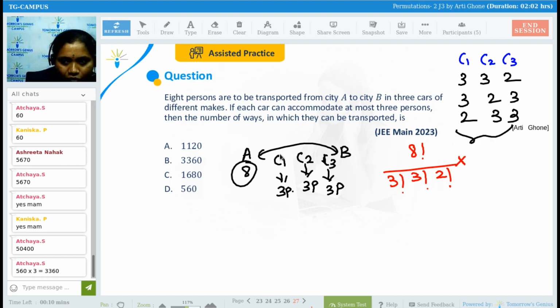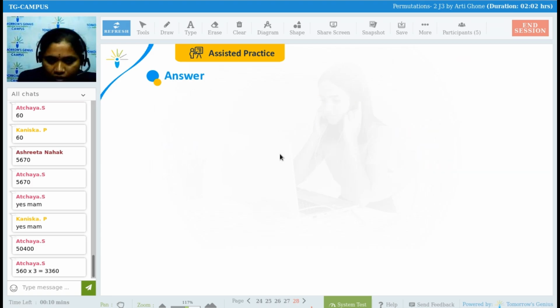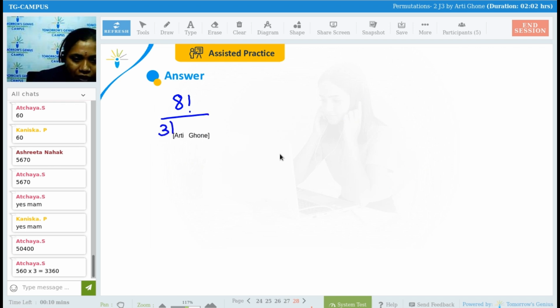No. So there are only 3 possibilities. Clear? Okay. So that's why I'm multiplying with the 3. Clear? So what will be the answer? Complete answer will be 8 factorial upon 3 factorial into 3 factorial into 2 factorial into 3 possibilities. Clear? Do it now.